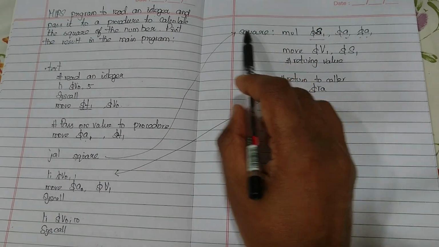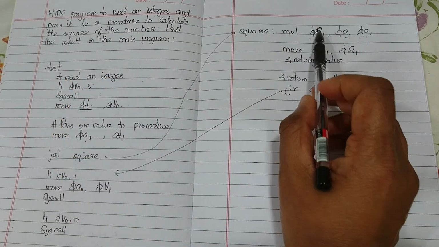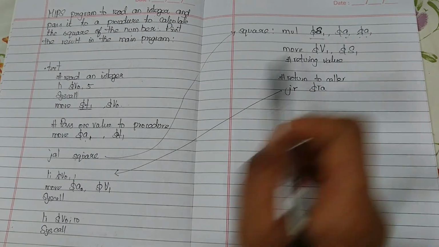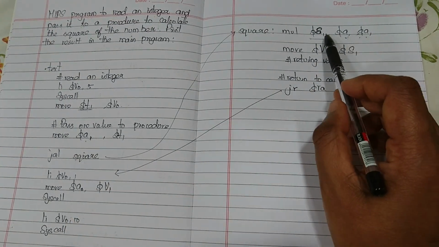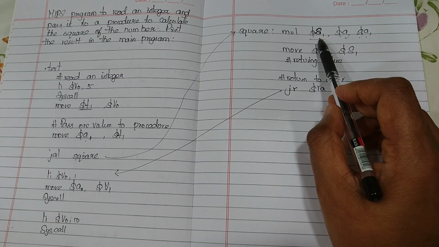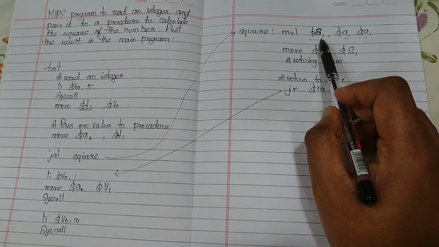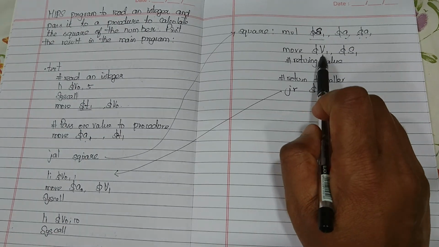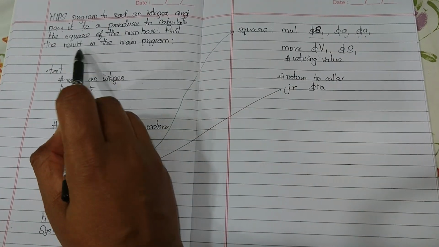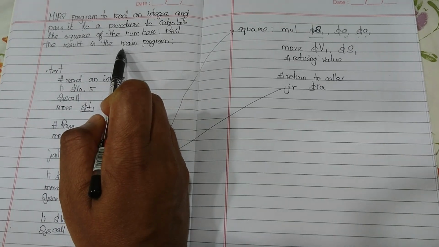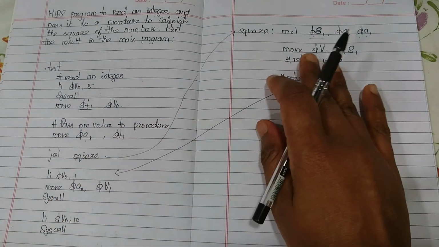In the procedure, I am calculating the square of the number, which is the one I passed. A1 is the value passed, and the result is in register S1. Now I have to return the value to the main program, because the question says print the result in the main program, not in the procedure.